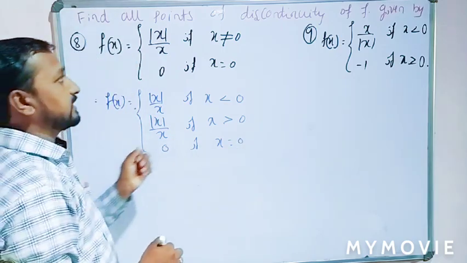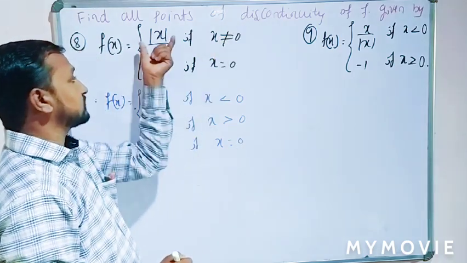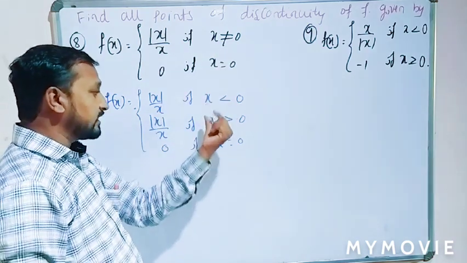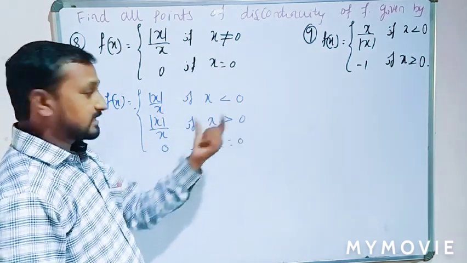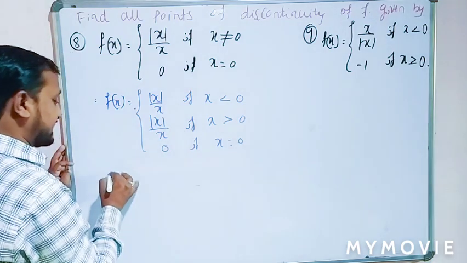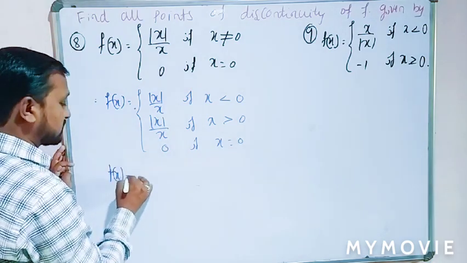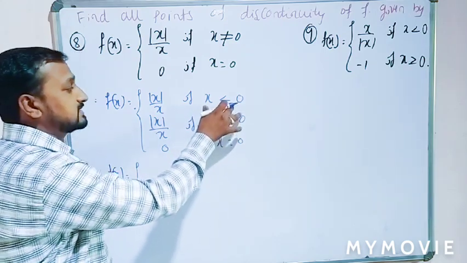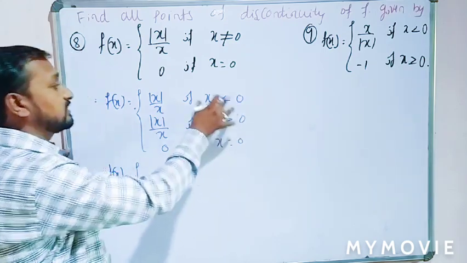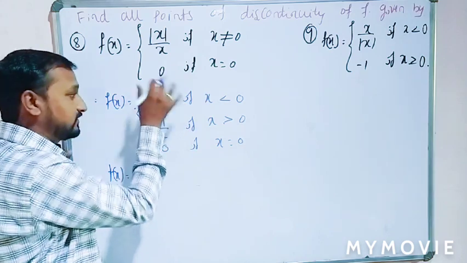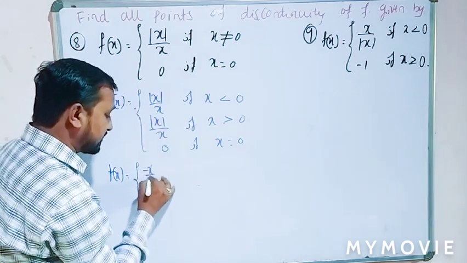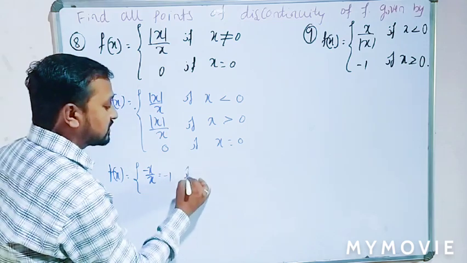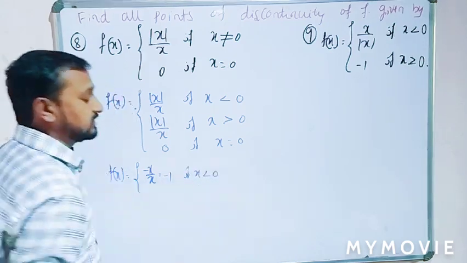Is that clear? So again this function can be written as f of x equal to, here x is less than 0, so the mod function should be negative, that is minus x divided by x, that is equal to minus 1, if x is less than 0.